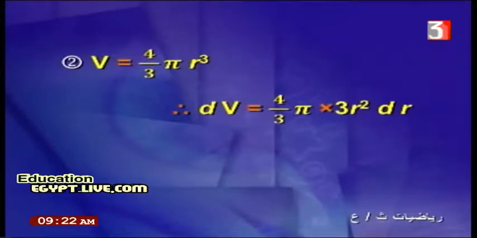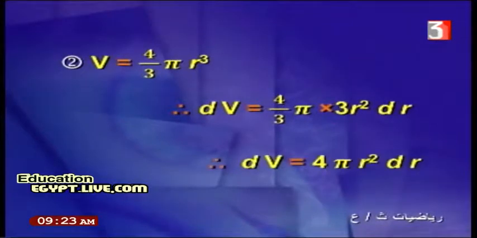We know that 4 over 3 pi is a constant, and the derivative of r power 3 is 3 r power 2 dr. Then the differentiation of v equals dv, and the differentiation of 4 over 3 pi r power 3 equals 4 over 3 pi multiply 3 r power 2 dr. Then dv equals 4 pi r power 2 dr.